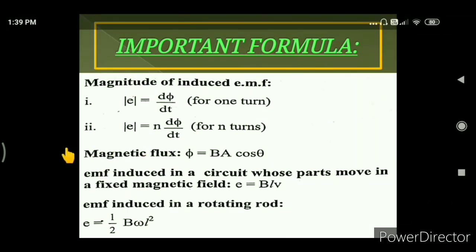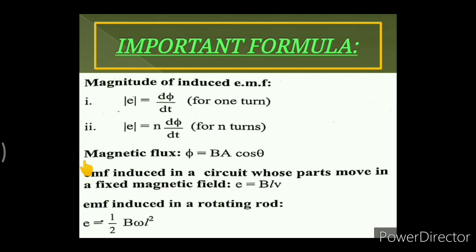Then the magnetic flux is given as the scalar product of B and A. So phi is equal to BA cos theta, where theta is the angle between the area and the direction of the magnetic field of induction.